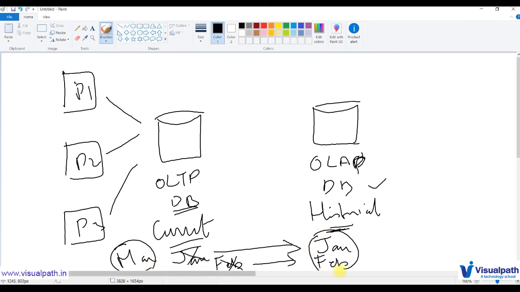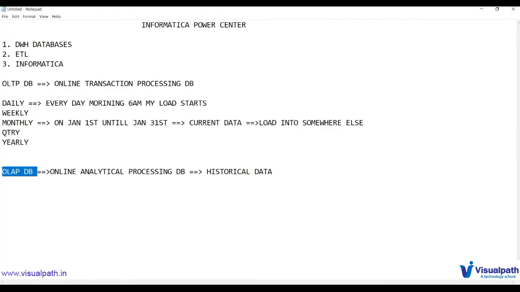Now, the process of loading the data from my OLTP database to my OLAP database is called ETL. So what do we mean by ETL? E means extracting the data from the OLTP database.